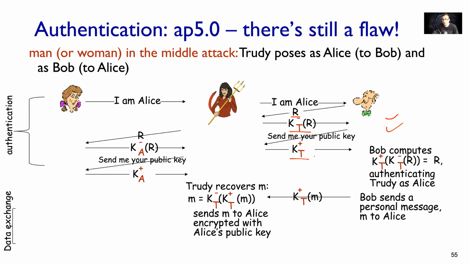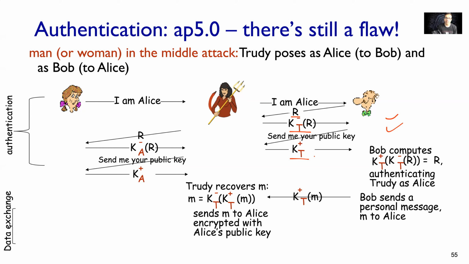What that now means is, assuming these two endpoints are going to use public key crypto for encrypting the subsequent messages, remember, this is just the authentication phase. After that, they would actually be exchanging messages. Let's assume they're using public key crypto to do this. So let's say Bob is now sending an encrypted message to Alice. Remember how we use public key crypto for encryption?